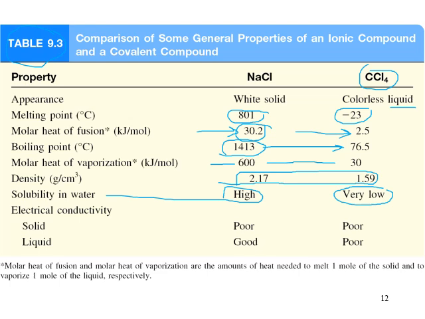And that's because water has some polarity to it, so it can attach to the ions in the ionic compound. Water can dissolve sodium and water can dissolve chloride also. Not as much for the covalent compounds.